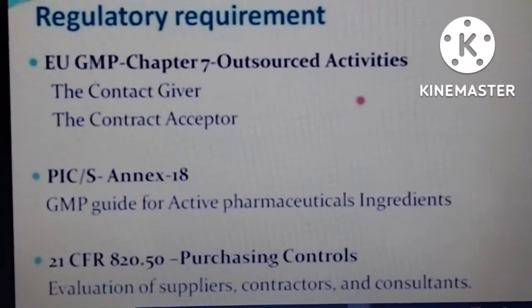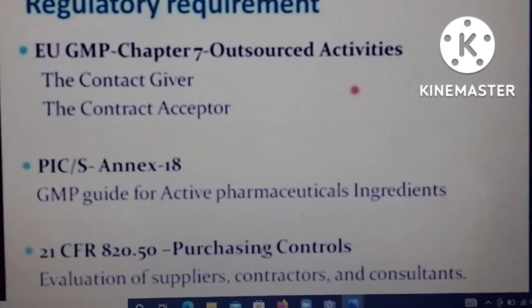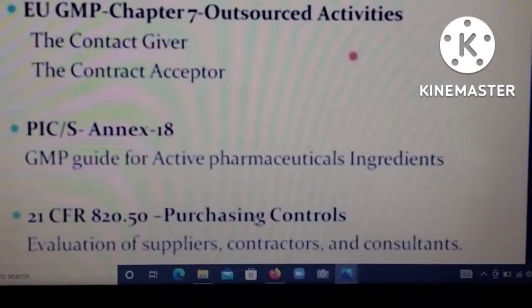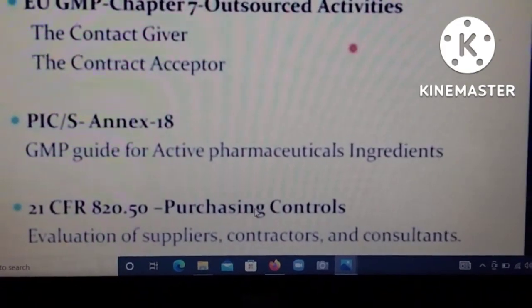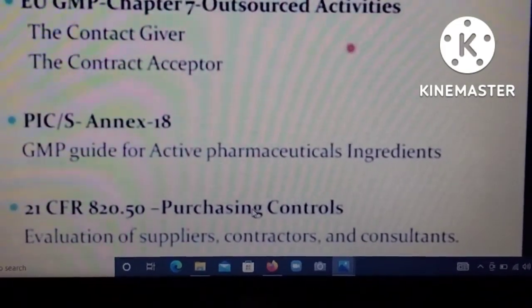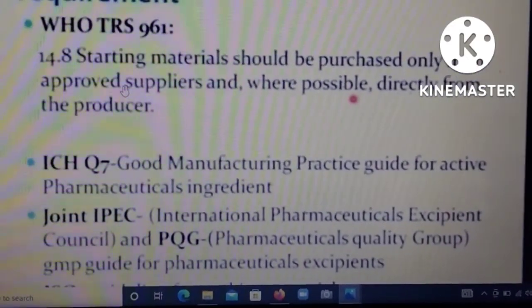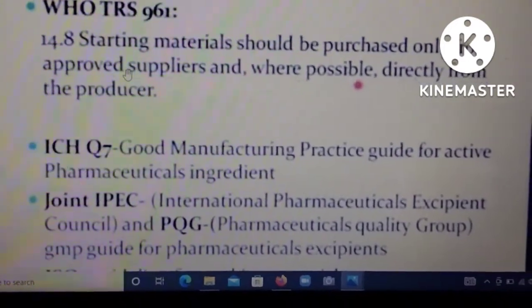European GMP Chapter 7, outsourced activities, the contract giver and acceptor; EU GMP Annex 18, GMP guide for active pharmaceutical ingredients; as well as 21 CFR 820.50, purchasing controls, evaluation of suppliers, contractors and consultants. In WHO TRS 961, 14.8, starting material should be purchased only from approved suppliers and, where possible, directly from the producer.